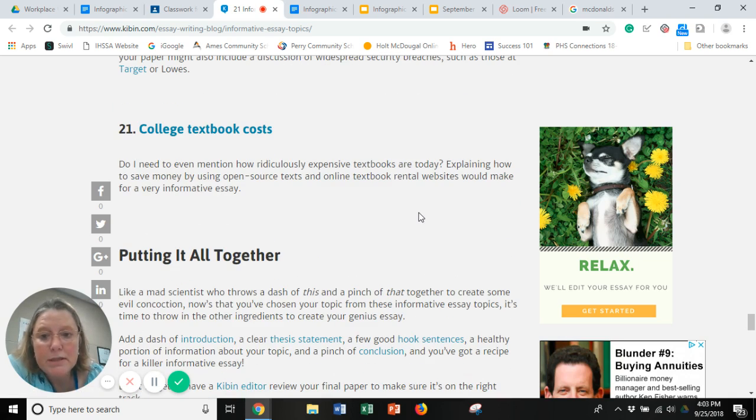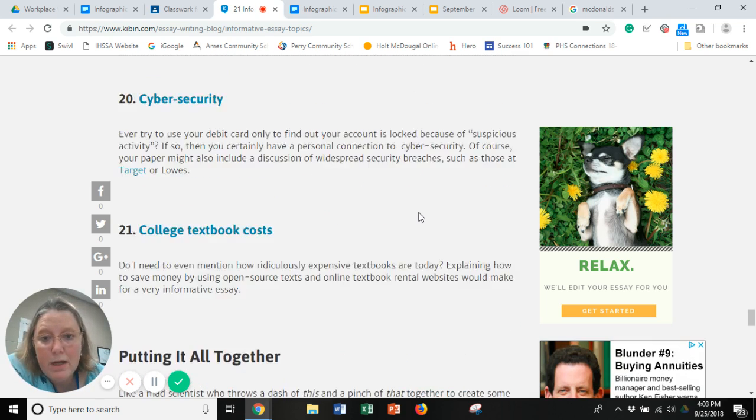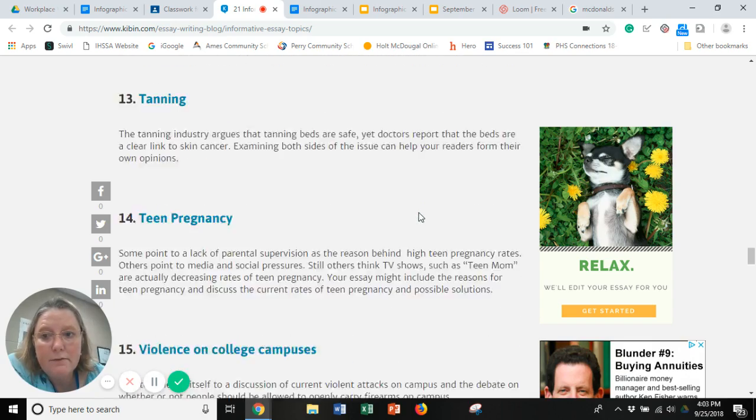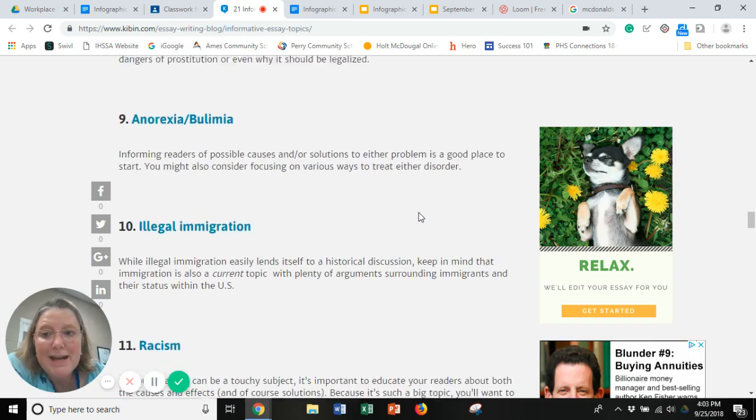College textbooks. When I went to college, textbooks were super expensive, but I know now that you don't even have to purchase them, you could rent them. So you could do a compare and contrast between purchasing your textbooks or renting them. So this is just one of the places that you can find information or ideas.